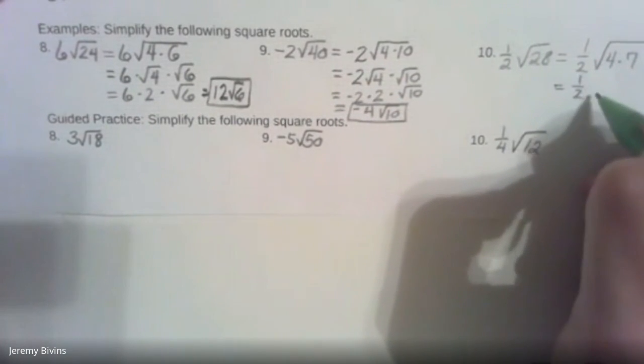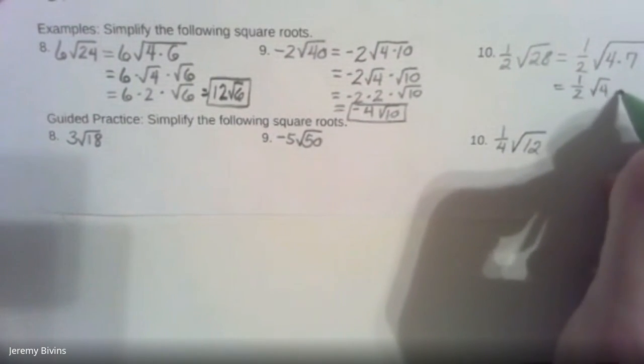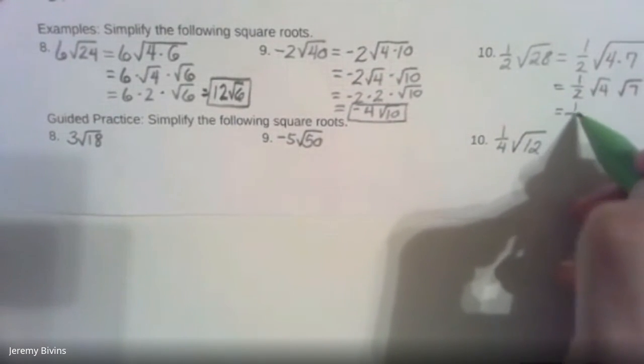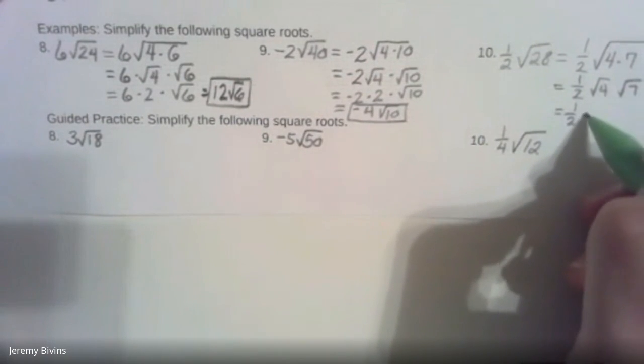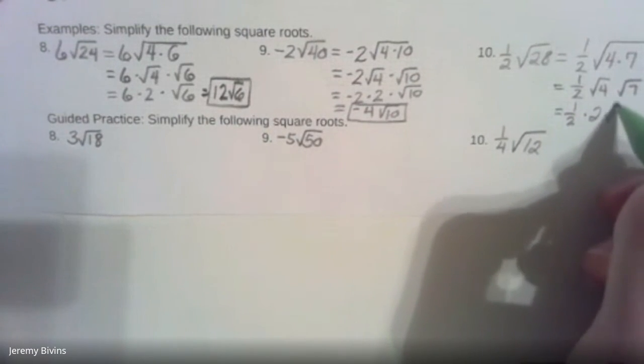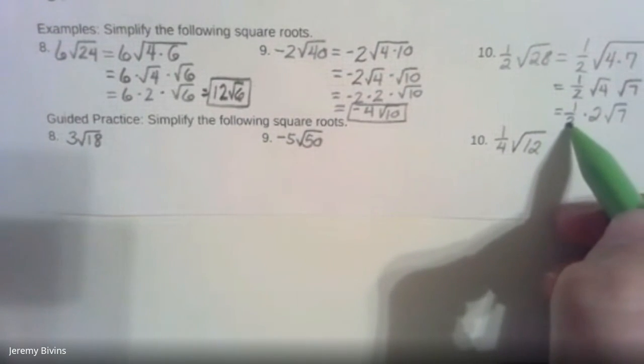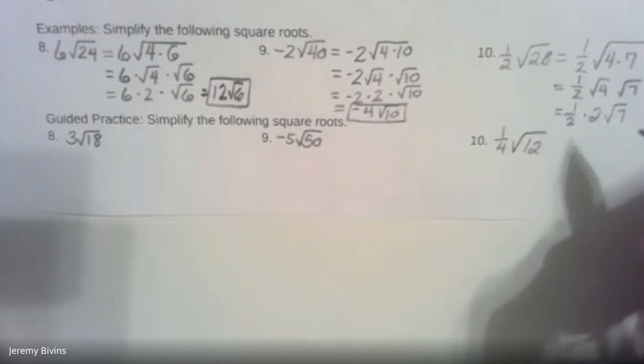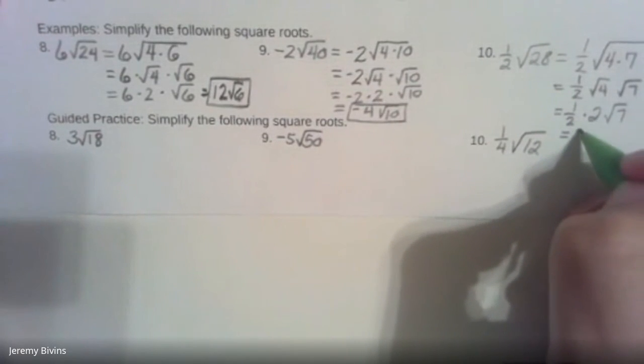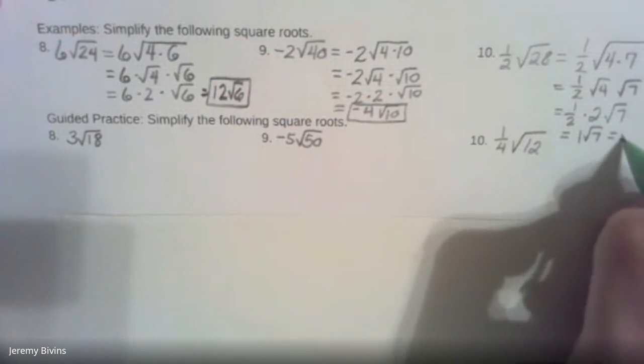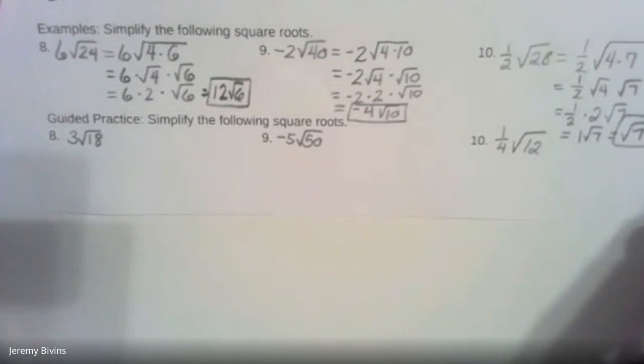The 1/2 multiplies by radical 4, and that multiplies with radical 7. 1/2 times radical 4 is going to become a 2, and then radical 7. We have 1/2 times 2 is 1. Radical 7, or just radical 7 as our solution.